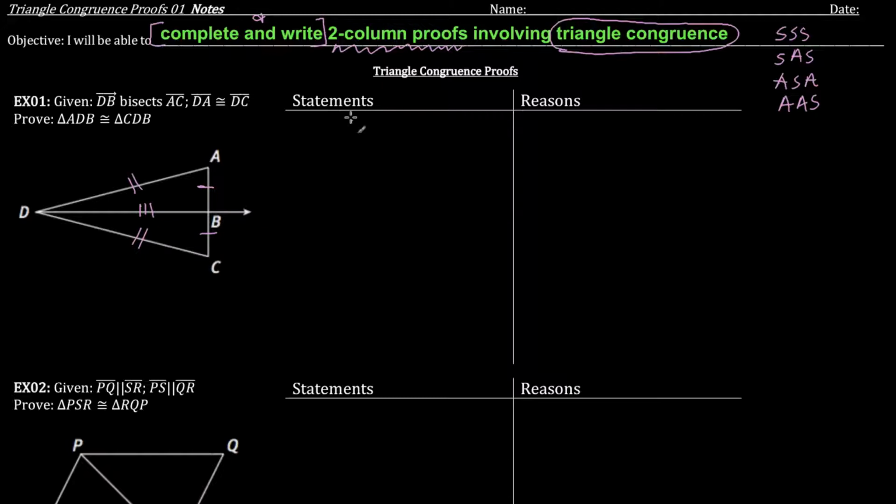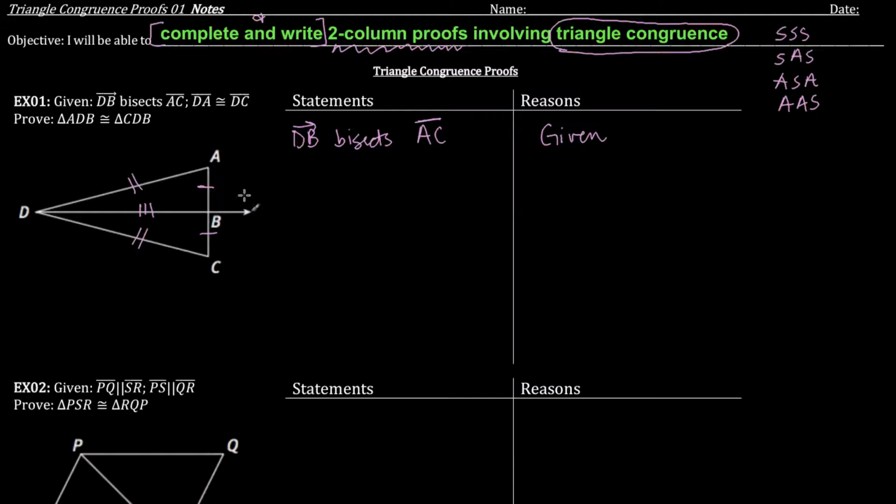So let's do this. Ray DB bisects segment AC. We know this because it was given.